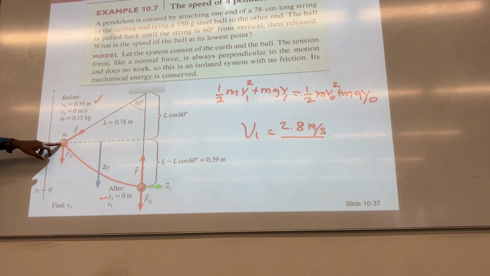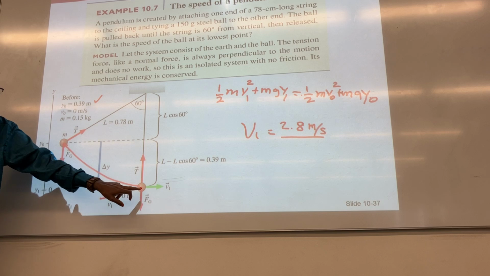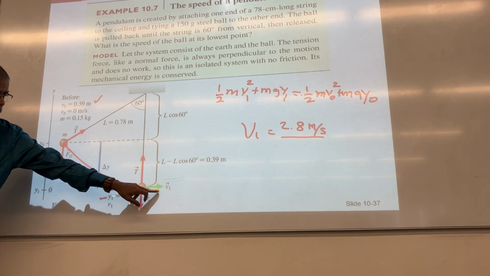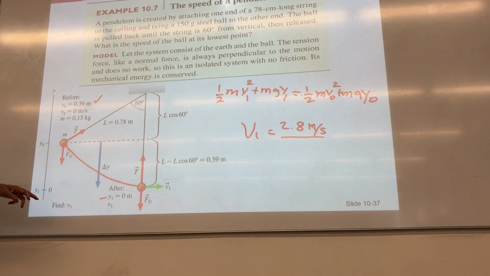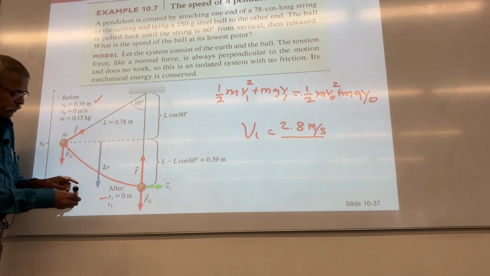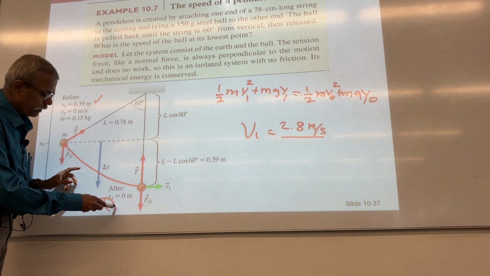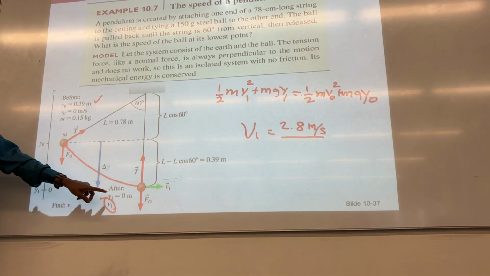All coming from your potential, the height. So that is 100% potential here. And you swing back. Here the potential energy is 0, whereas you get your velocity. The velocity is this. So you are supposed to find out the V1. The y1 is 0.